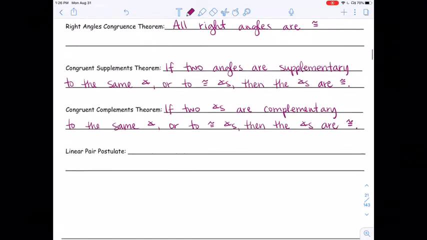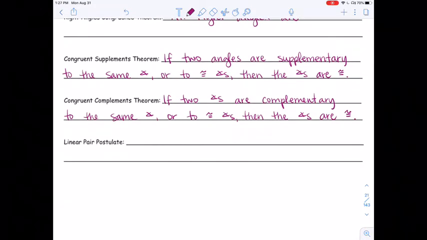And our linear pair postulate simply tells us that linear pair angles are supplementary.